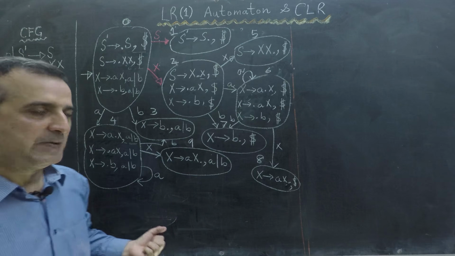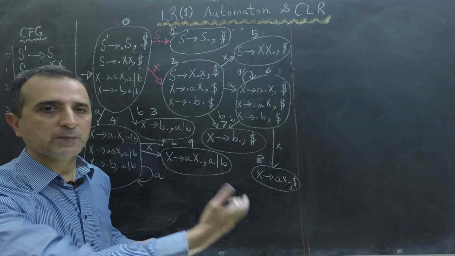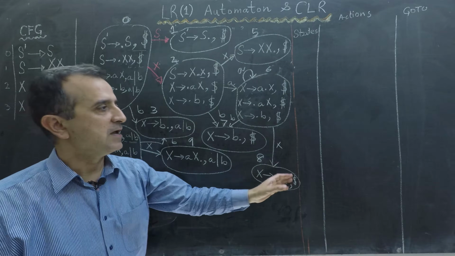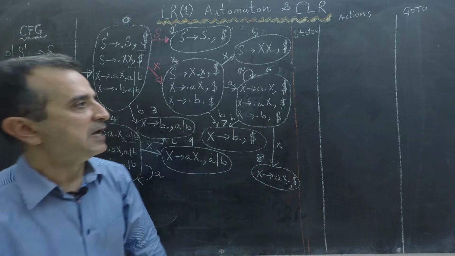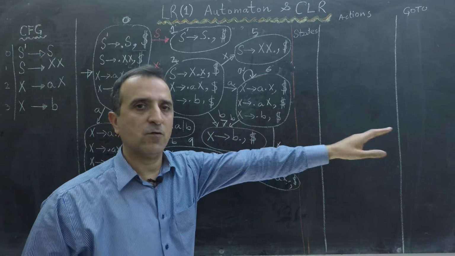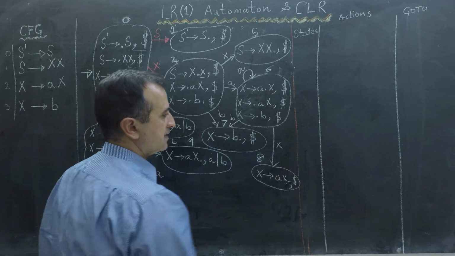Now the next step is that I will create my predictive parsing table. In our predictive parsing table, we have 3 different sections. We have the state section, we have actions, and we have Goto. In the states, we will mention all the states.